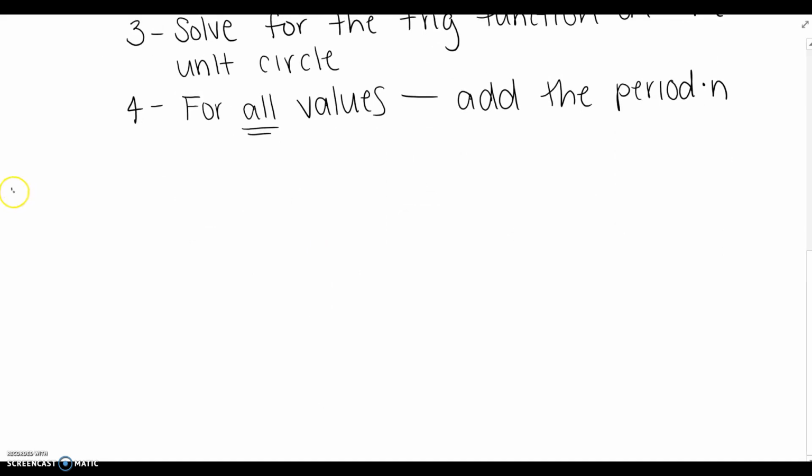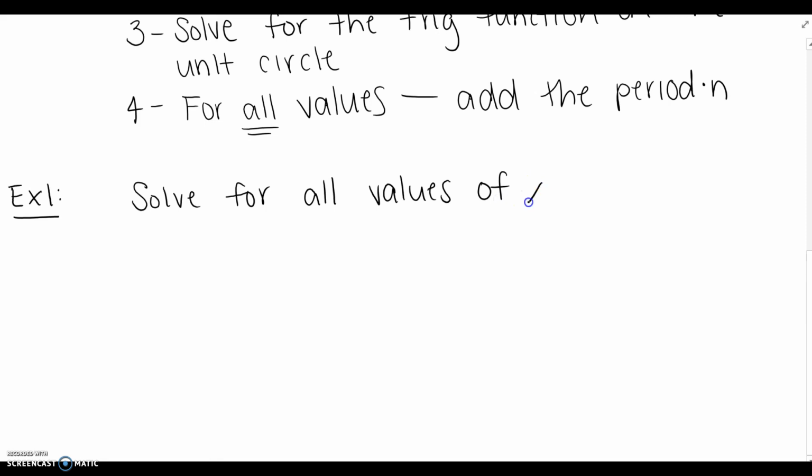So example 1, we're going to solve for all values of x: 3 tangent squared of x minus 4 equals -3.